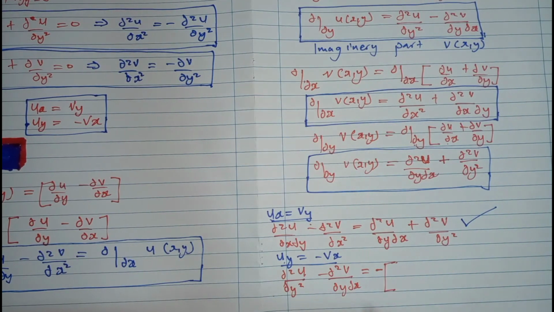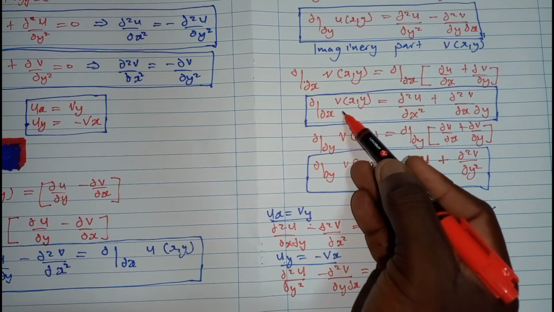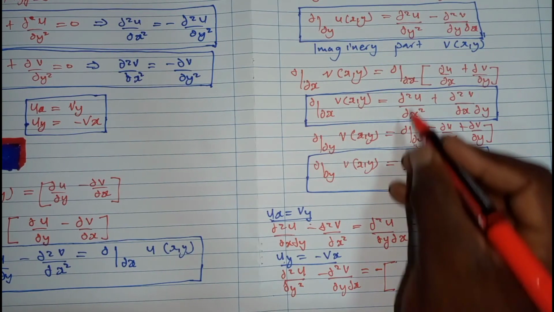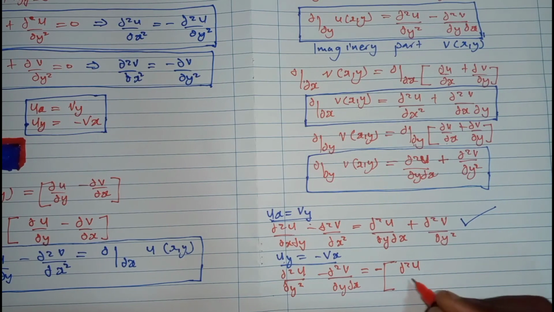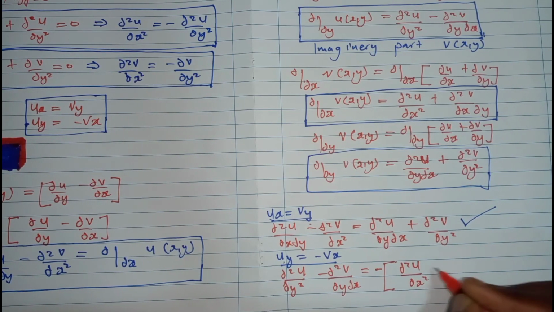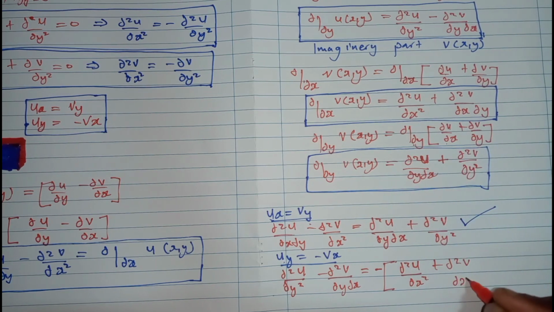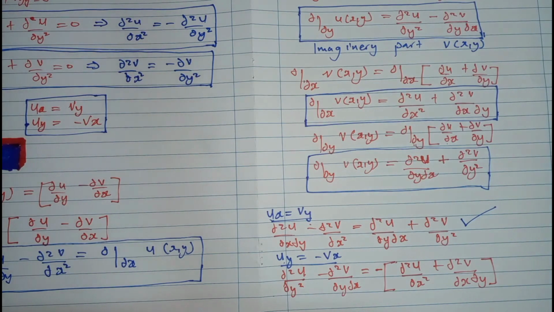What is vx? So this is vx. So for vx, what do we have? We have partial 2u partial x squared plus partial 2v partial x partial y. Okay, like this one. And this is the same.